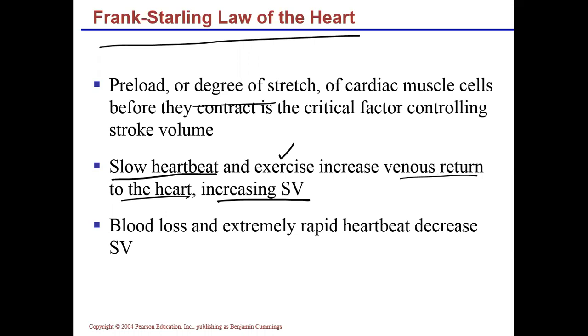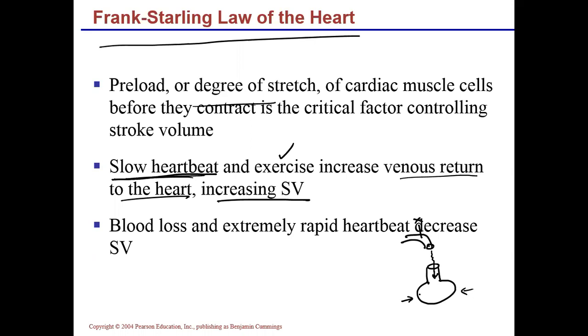So again, understand this concept. A slow heartbeat. If you have your balloon and your faucet is pouring water inside of your balloon, a slow heartbeat means you're not squeezing it fast enough.